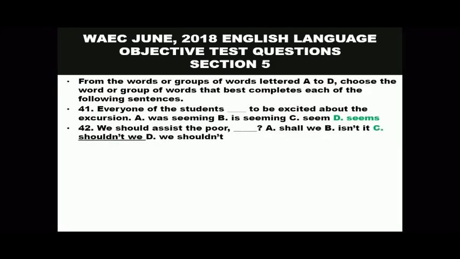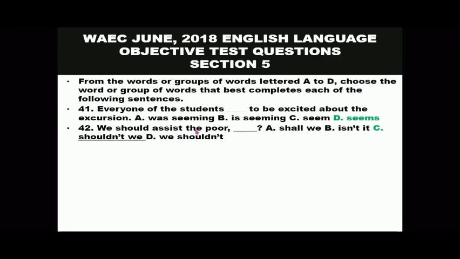42, we would assist, we should assist the poor. Shouldn't we? So you can see C is the correct option. Shouldn't we? You know, we should assist the poor. Shouldn't we? The grammatical rule being tested here is the rule for using question tags.